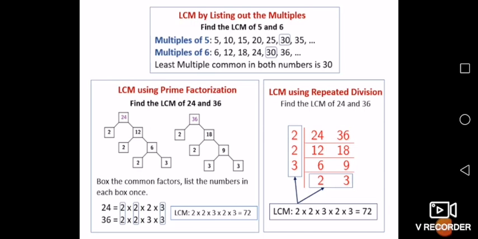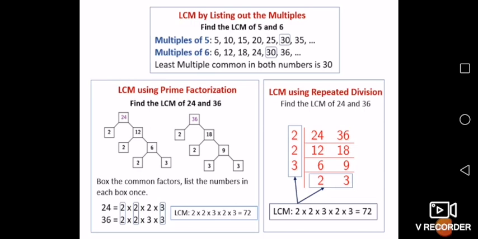We are going to divide both the numbers by a common prime factor until we do not get different factors, and at last we will divide by the different factors and then multiply all the factors. The product of all the factors will give you the least common multiple.